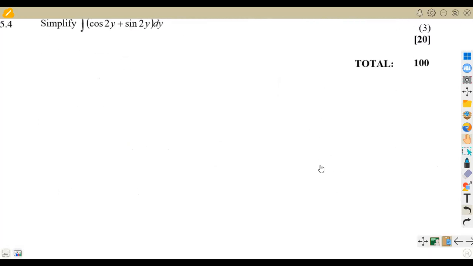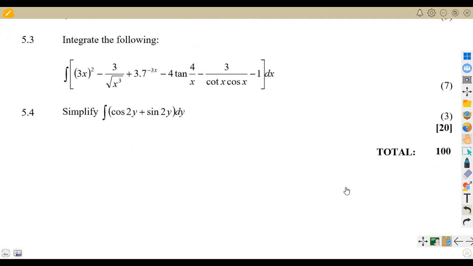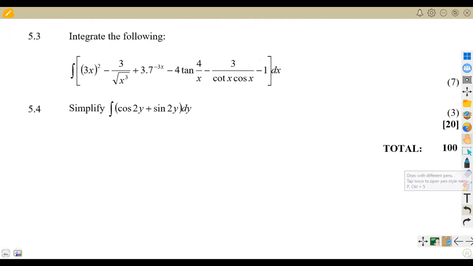All right, so let's see what we're supposed to have in this case. So what I'm going to do is just rewrite these integrals in a way that we can integrate this. All right, so first part, we've got the integral of 3x squared. Okay, so this is 3x in brackets.